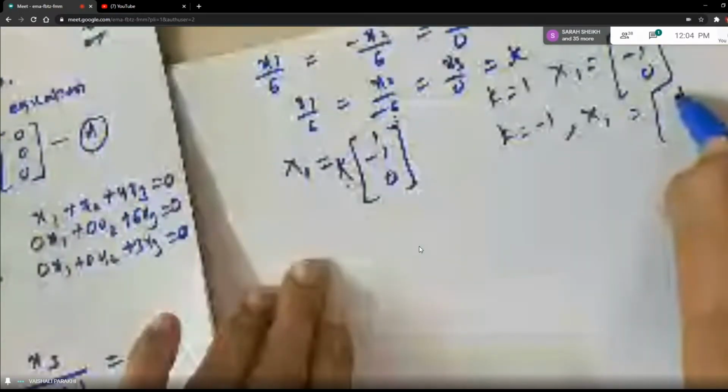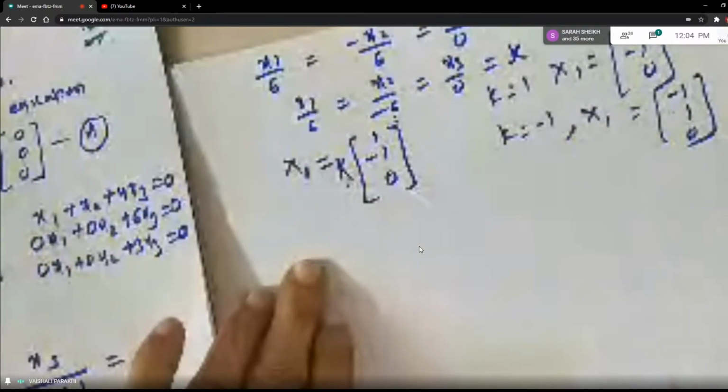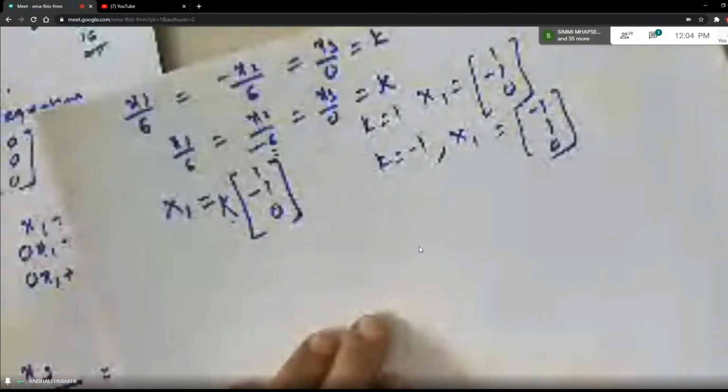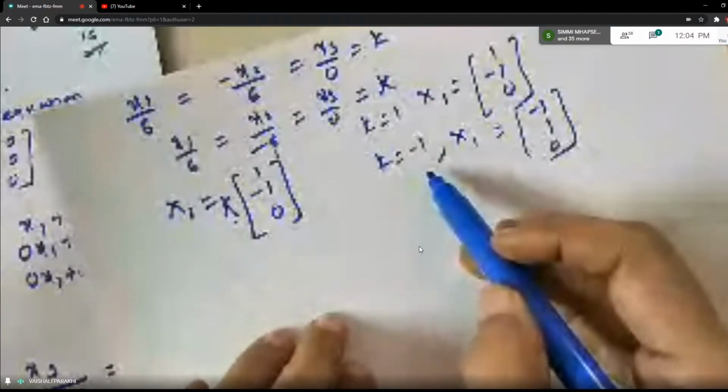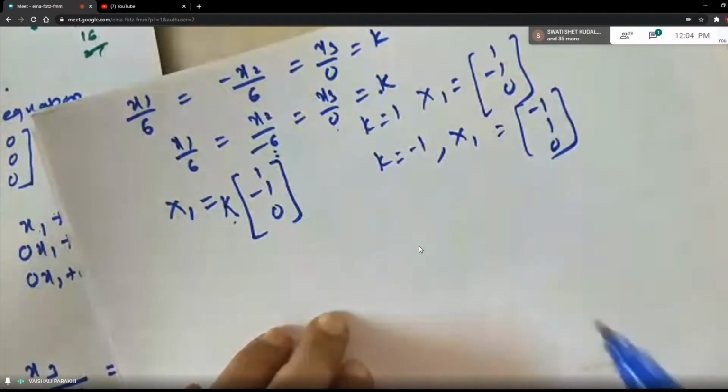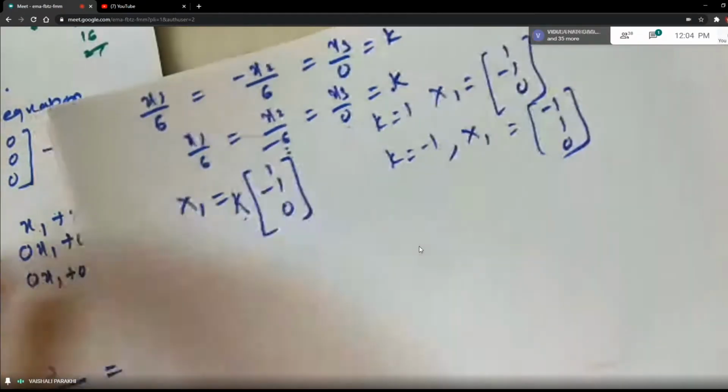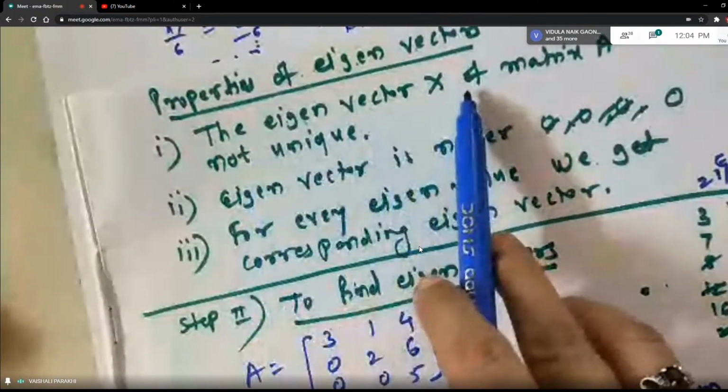It will be minus 1, 1, 0. Means all the signs will be opposite. Okay. As you go on changing values of k, you are going to get different eigenvectors. That's why I have said in the beginning that eigenvectors are not unique. So yesterday I have given you some tips here. The eigenvector of matrix A is not unique.